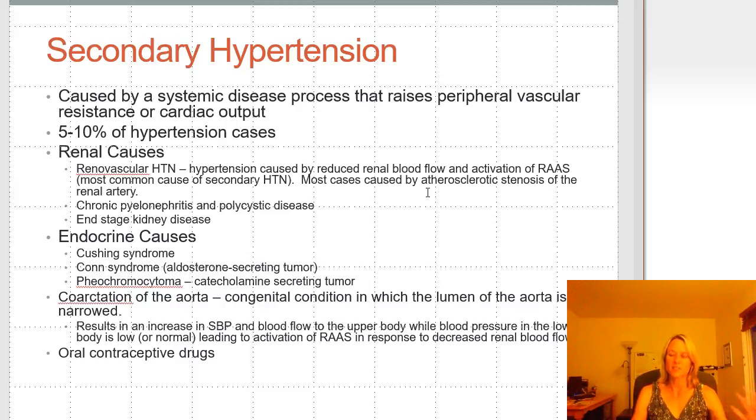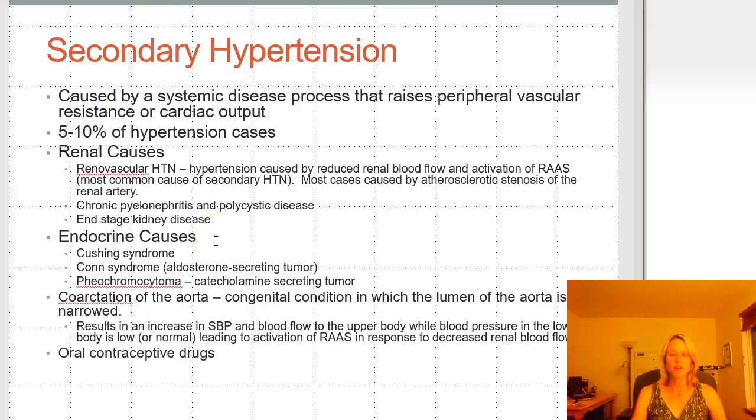They think, oh, that seems bad because we're not getting enough blood flow, so we must need to increase blood volume, so they cause the release of renin. Chronic pyelonephritis is a kidney disease, as are polycystic disease and other kidney diseases, including end-stage kidney disease such as caused by diabetes mellitus. These are all renal causes of secondary hypertension.